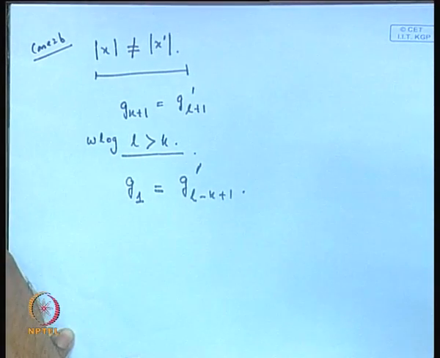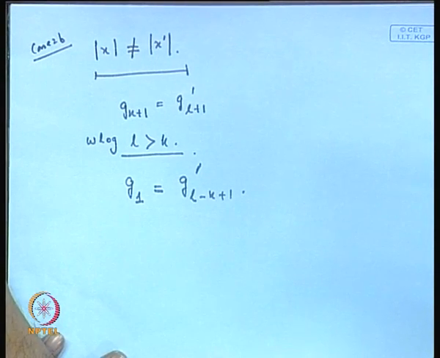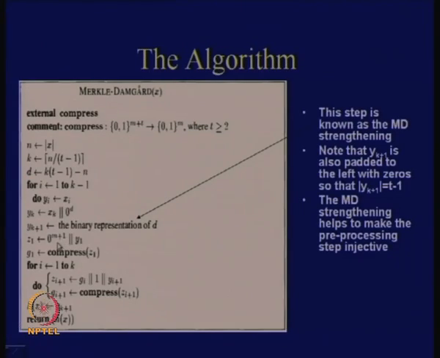So what is g1 and what is g of l minus k plus 1 dash? If you see your algorithm here, just see how it starts. The first step is that you take 0 to the m plus 1 and you concatenate it with y1, right? So that is what you are compressing to obtain g1, right?